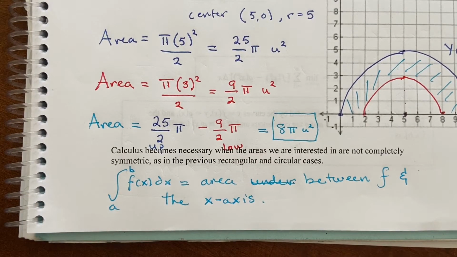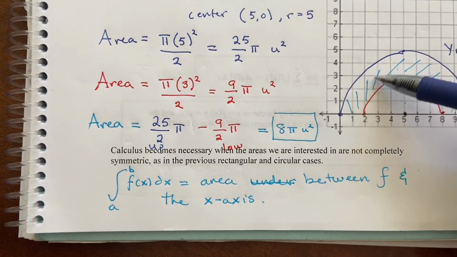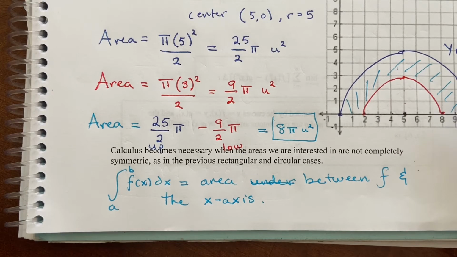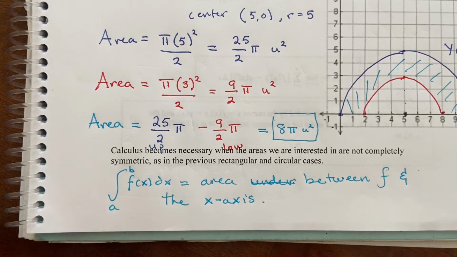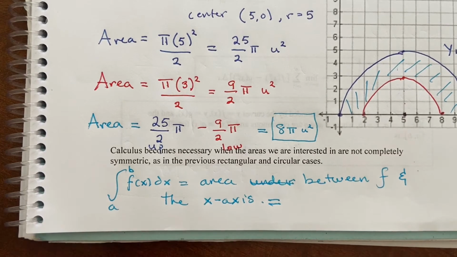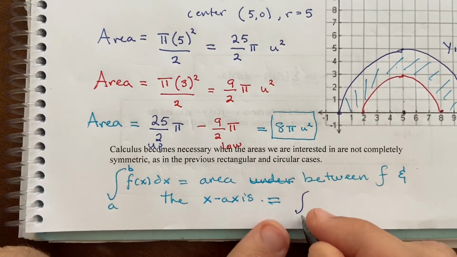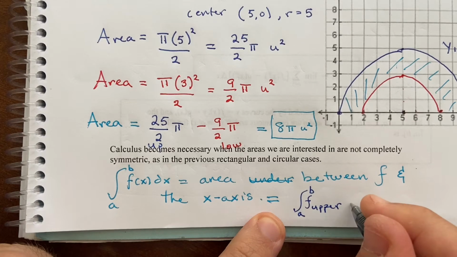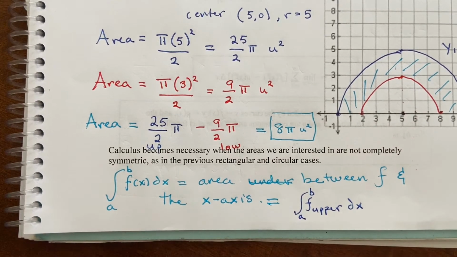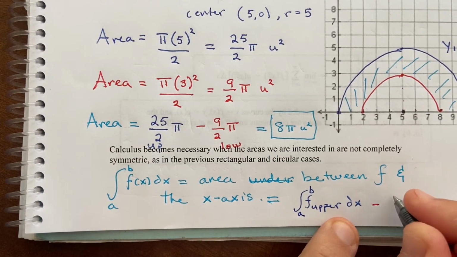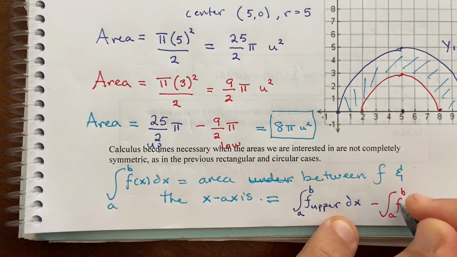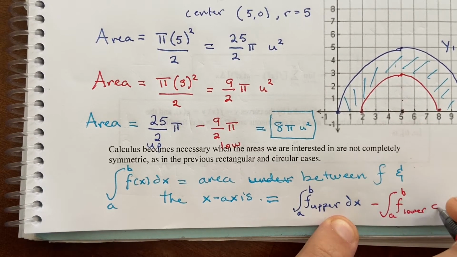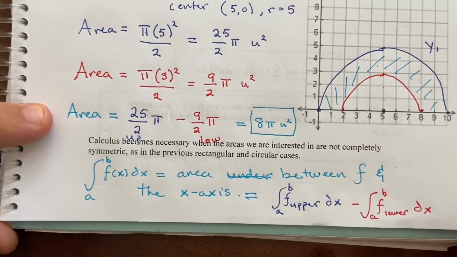So how can we extend that to if we have two curves and we want to find the area between those curves? So that would be equivalent to the integral from a to b of f upper minus the integral from a to b of f lower. Okay, and that's summarized on the next page.